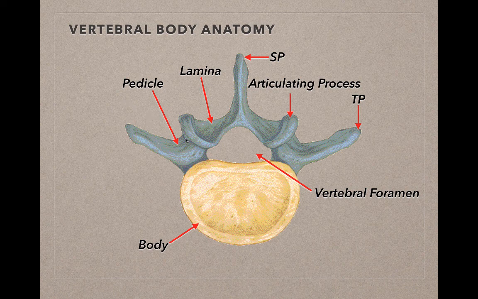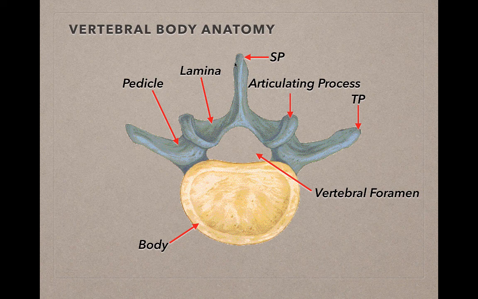So the pedicle you see right through here, and it's the segment between the transverse process and the body. So this whole little section here is your pedicle. The lamina connects the pedicle to the spinous process. So the lamina is this entire section right here.